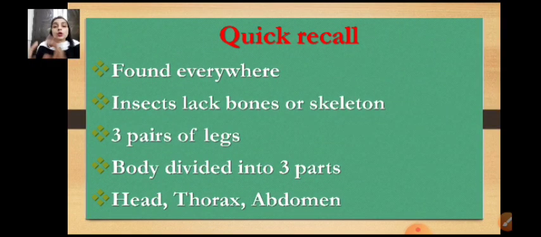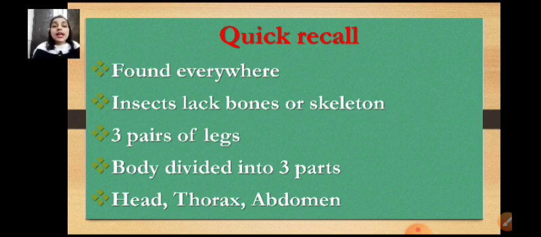Now let's quickly recall the session we have had today. Insects are small creatures, as I've told you. Some have wings and some do not have wings. They are found everywhere. They do not have bones at all.